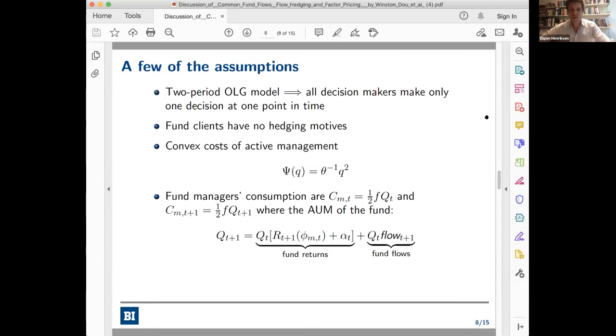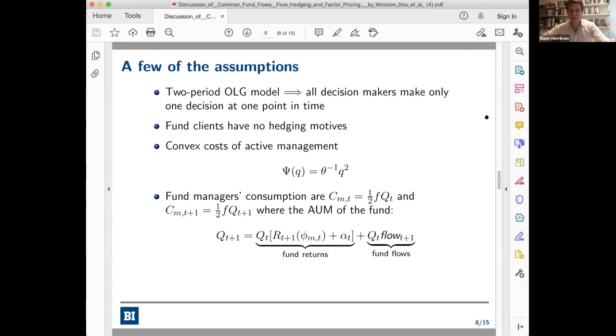Third, there is a convex cost of active management. This is very much in the Berk and Green tradition, but here it is hardwired that it is more costly to manage a large fund than a small fund.